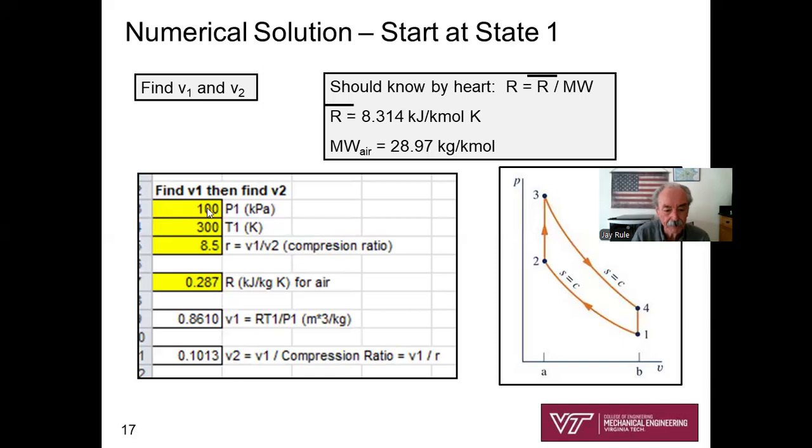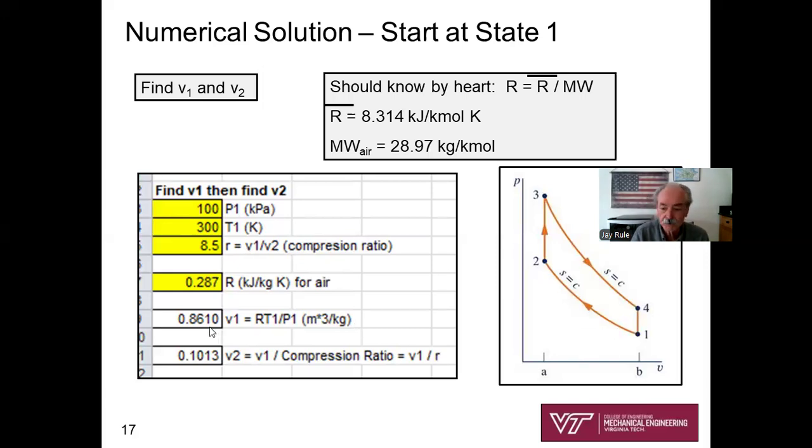Okay, what else do we know? P1 is given, 100 kPa. I write down 100 kPa rather than 1 bar because working in kPa is certainly where I need to be when I'm working on SI problems. T1 in absolute temperature is given, 300 K. Compression ratio 8.5, that's V1 over V2.